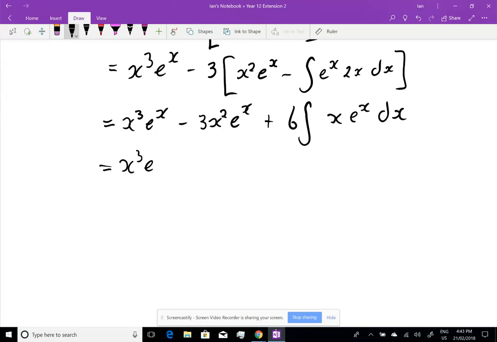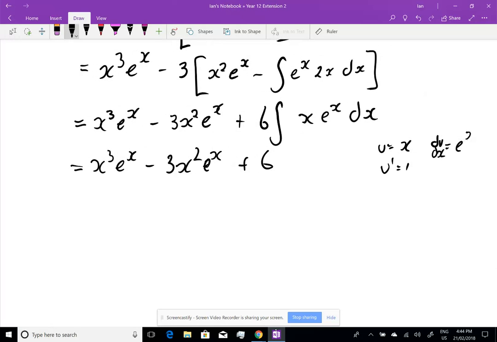x cubed e to the x minus 3x squared e to the x plus 6. All right, so what's my u? My u equals x, u dash equals 1. My dv dx equals e to the x. My v equals e to the x. I'm not going to write the rule this time. You should be trying to write it as often as you can, but I am putting in parentheses.